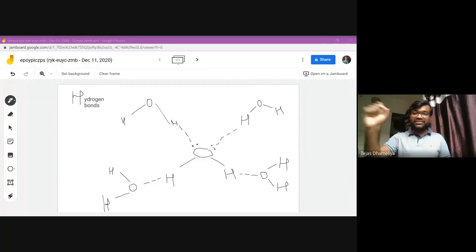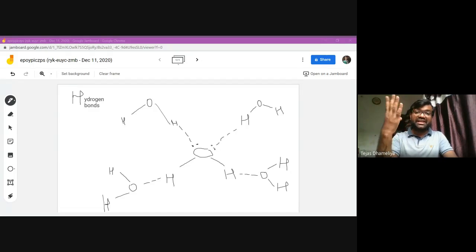Water melting point 0 degrees Celsius, boiling point 100 degrees Celsius, molecular weight 18, and formula H2O. So it has many other properties. Viscosity is also there, which we can calculate in poise or centipoise. Right? But my concern is to focus on hydrogen bond.